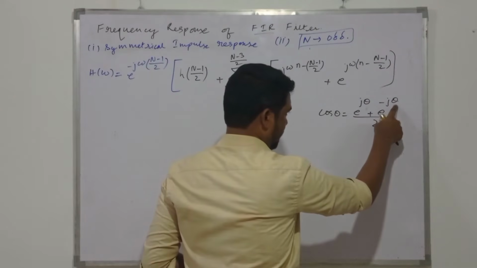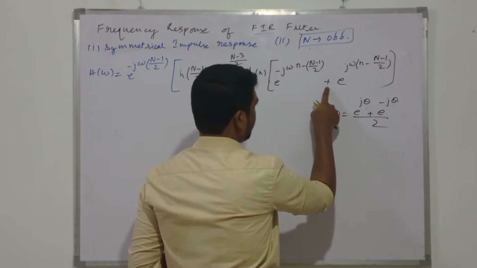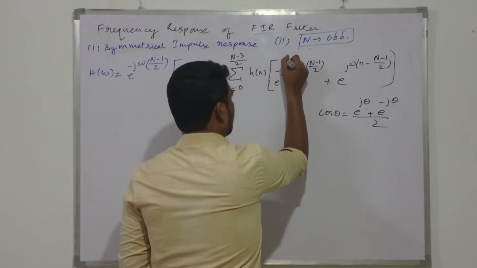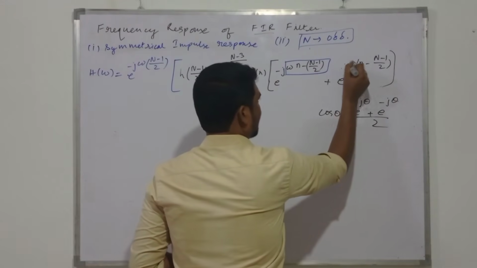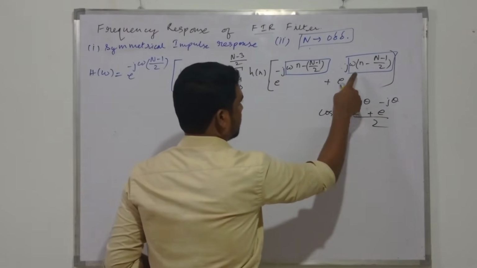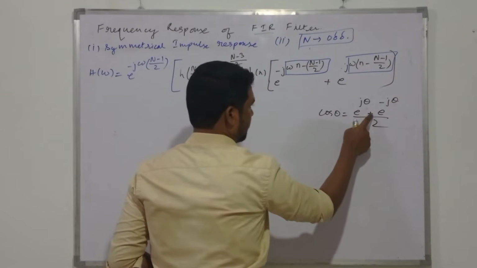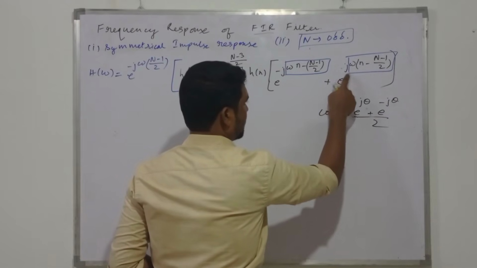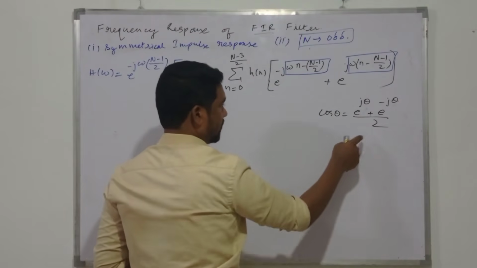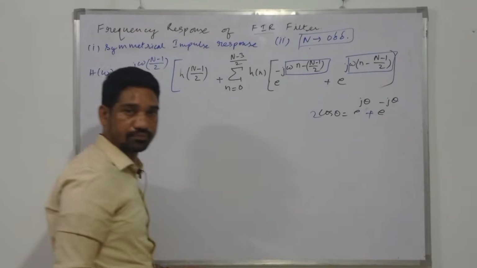We need to have theta positive and negative, and it is the same theta, omega (N minus 1)/2, so this could be thought of as theta. So e raised to j theta plus e raised to minus j theta will be 2 times cos theta, right?